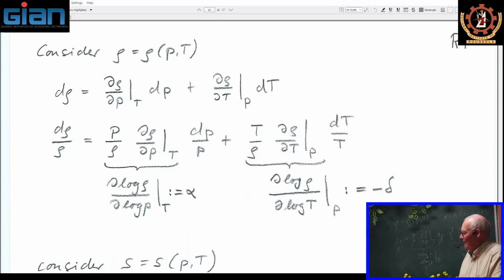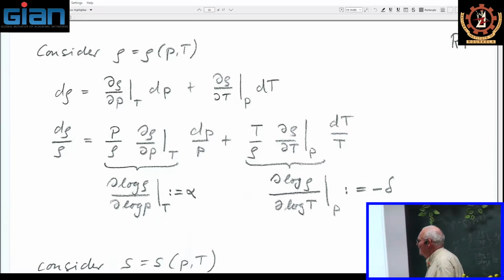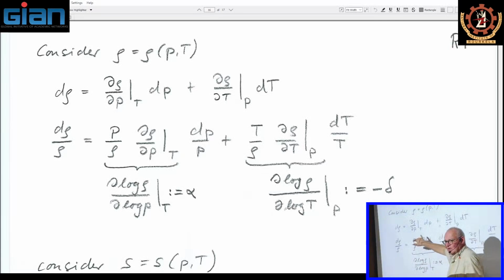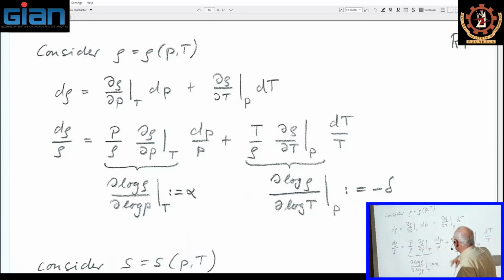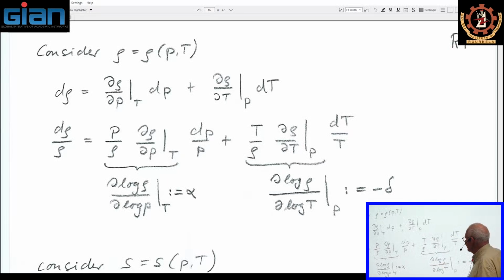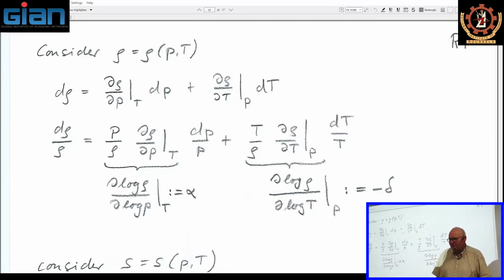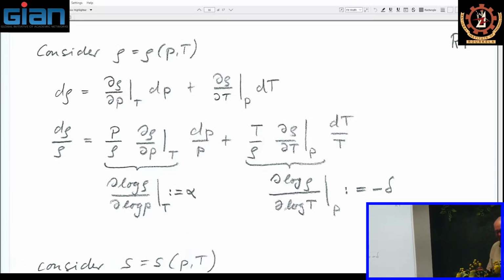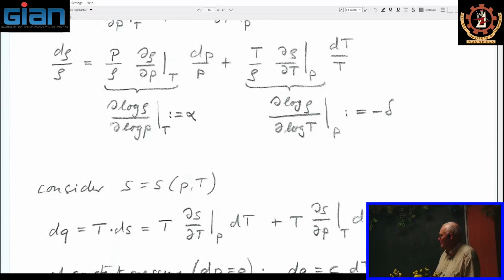Okay, what I already wrote down is here: d rho might now be written as d rho by dP at constant temperature times dP plus d rho by dT at constant pressure times dT. And as done before, we go to the relative changes, which is d rho over rho, which is alpha times dP over P minus delta times dT over T. Now we consider the entropy as a function of pressure and temperature.